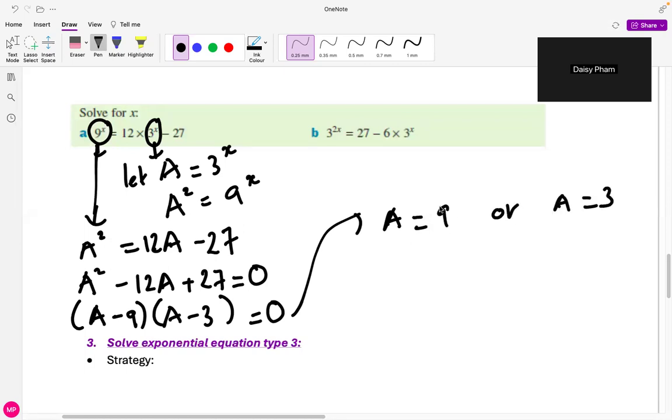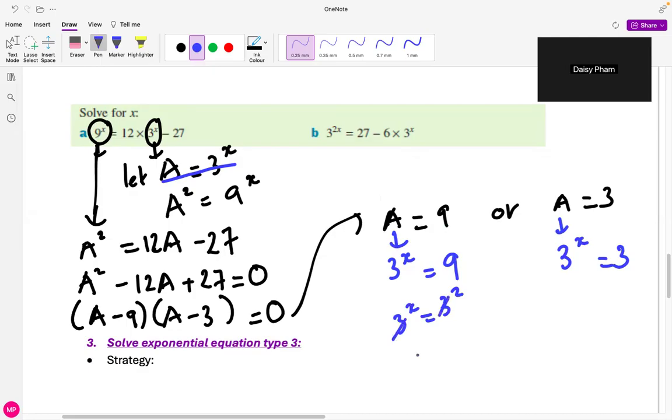Now, once you solve for a, then you put it back. Because you let a equal 3 to the power of x, then a here you replace as 3 to the power of x, and that has to be 9. And same thing, replace a with 3 to the power of x equal 3. Then you can solve x. So 9 is 3 squared, right? So we can say x equal 2.